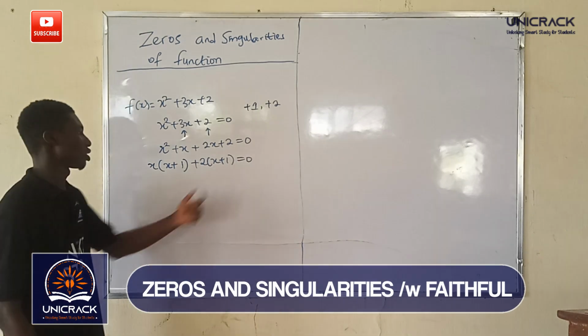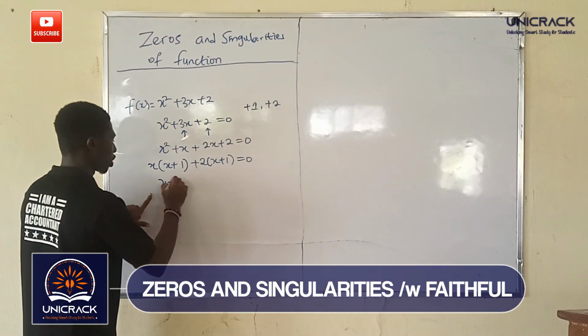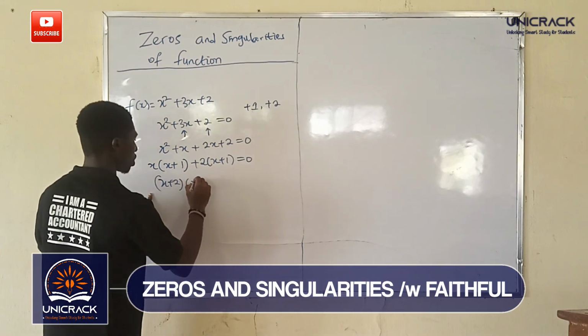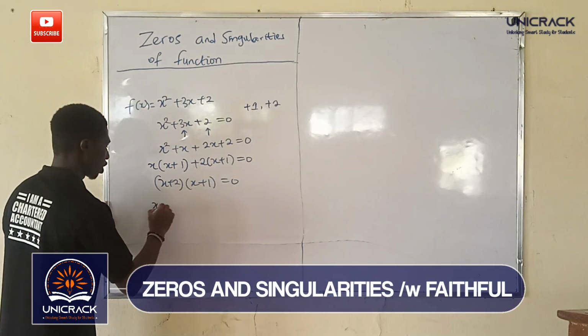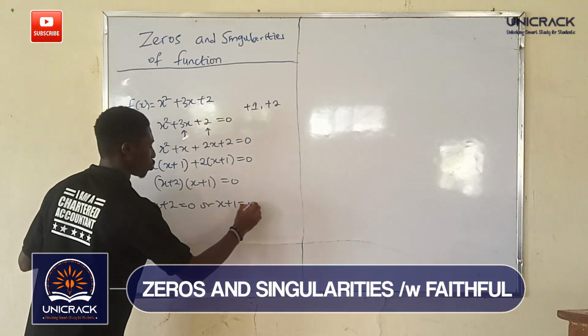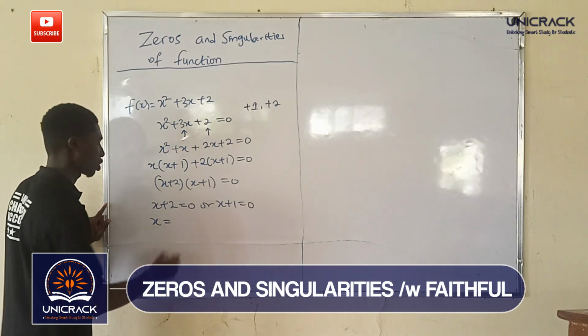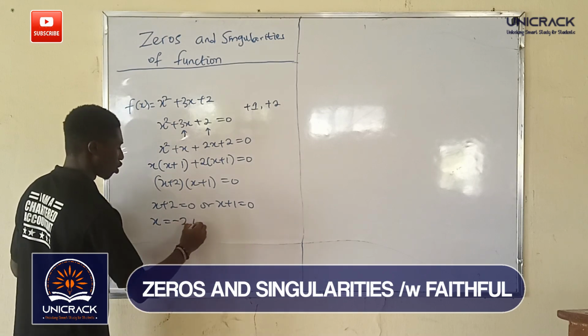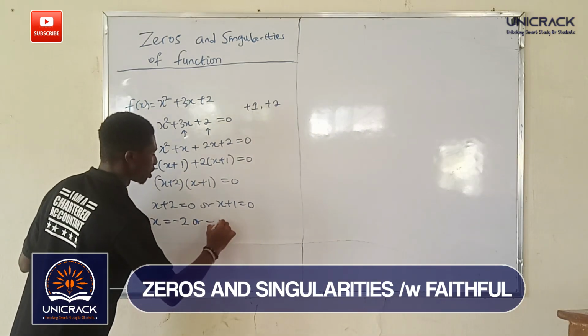Since both brackets are the same, we'll pick one of them. We'll have x plus 2 and x plus 1 equal to 0. Now, we'll have x plus 2 equal to 0, or x plus 1 equal to 0. So x will be equal to, once positive 2 crosses the equal to sign, a negative 2, or once positive 1 crosses the equal to sign, a negative 1.